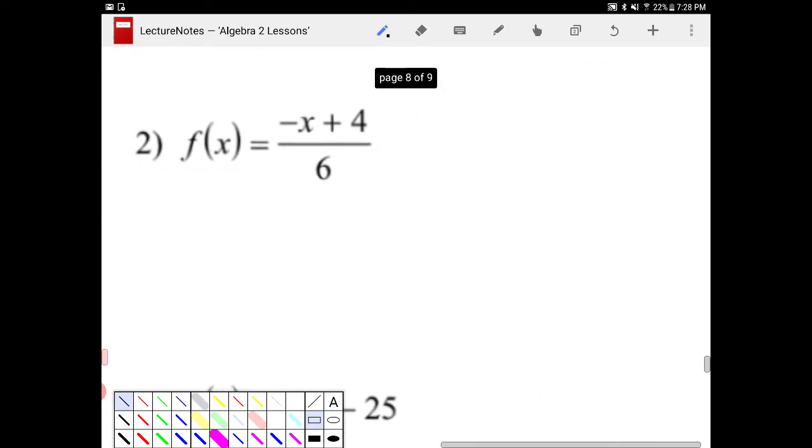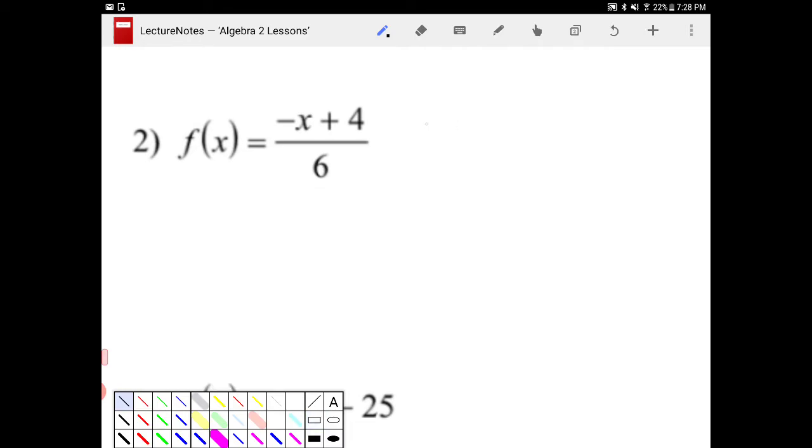So I have f of x is equal to negative x plus 4 over 6. Again, the same approach, I'm going to call this guy here f. So I have f is equal to negative x plus 4 over 6. I'm going to isolate x, so multiply by 6, I get 6f is equal to negative x plus 4. Subtract both sides by 4. 6f minus 4 is equal to negative x.